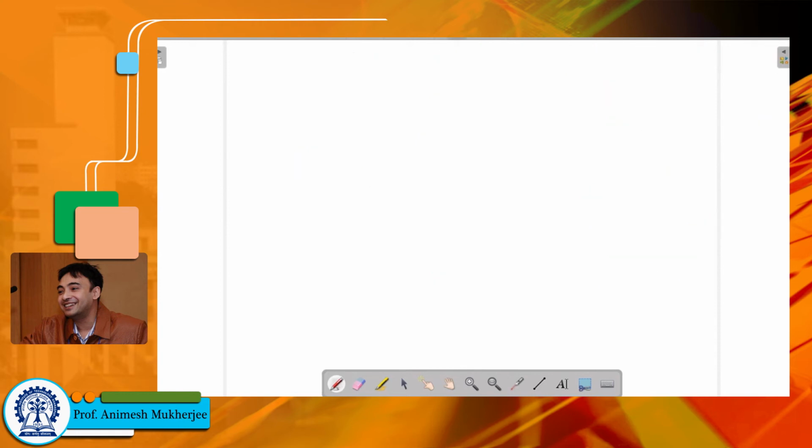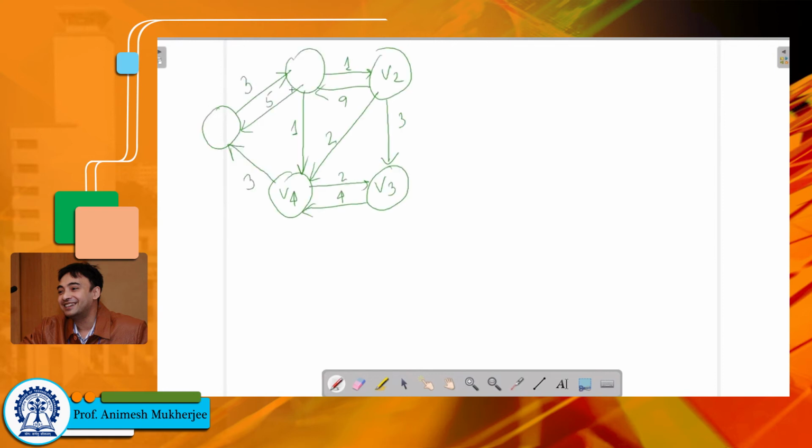Now, if we redraw the graph that we had drawn just now, we can easily draw the W matrix.